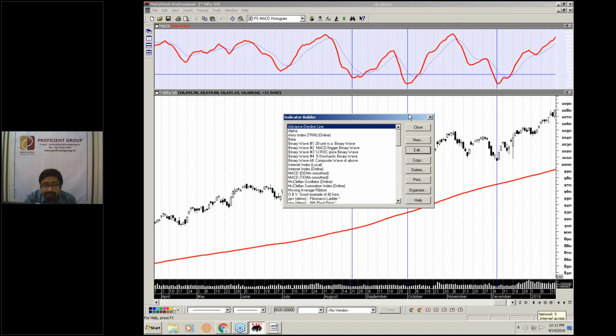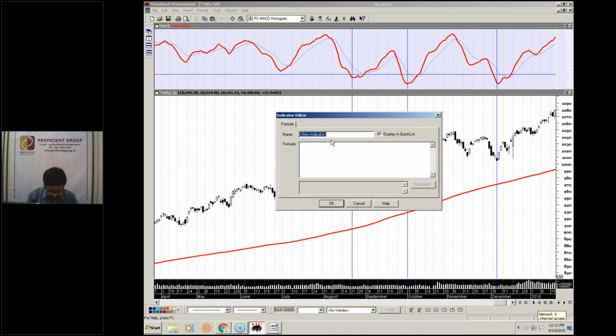We are going to create a new indicator, which I will name with the prefix "proficient". That is the prefix I generally give to understand that this indicator is created by me, to differentiate it from the indicators that are already given by default in Metastock.